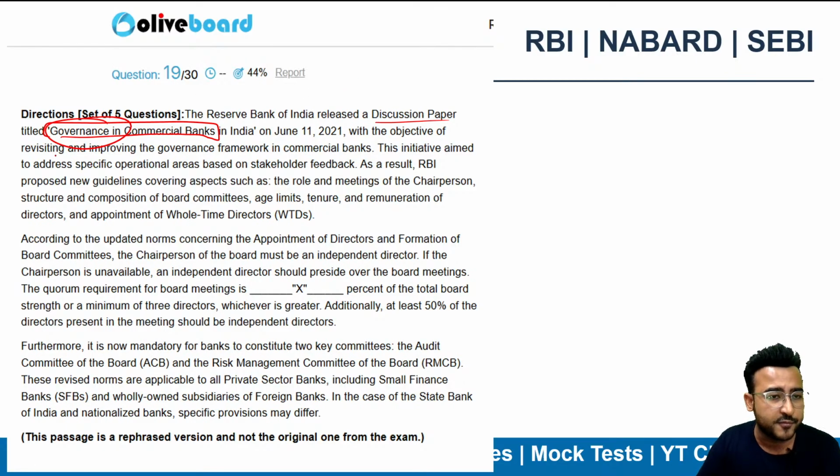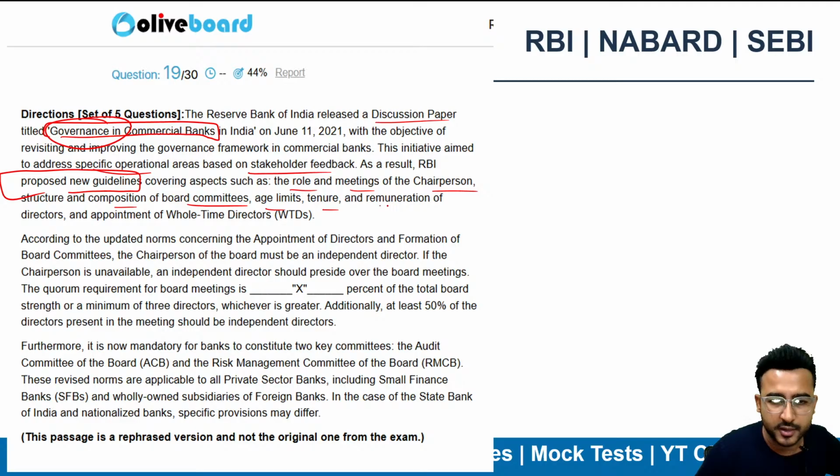With the objective of revisiting and improving the governance framework in commercial banks, the initiative aimed to address specific operational areas based on stakeholders' feedback. As a result, RBI has proposed new guidelines covering aspects such as the role and meetings of the chairperson, composition of the board committee, age limits, tenure, and remuneration related to the directors and whole-time directors.